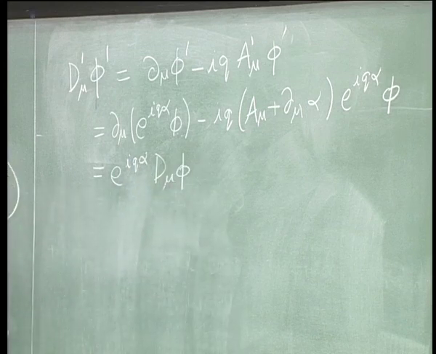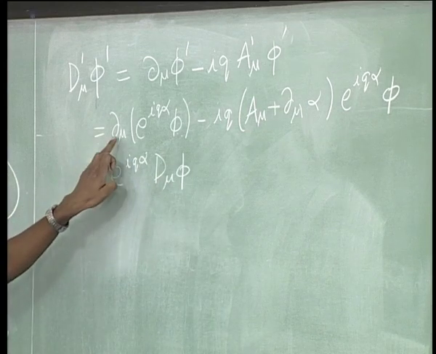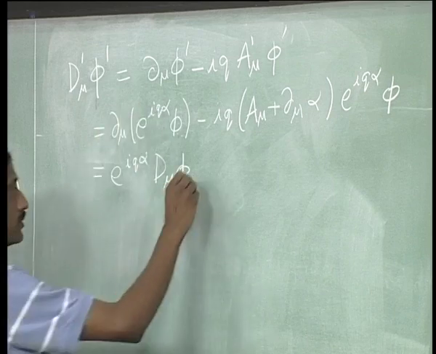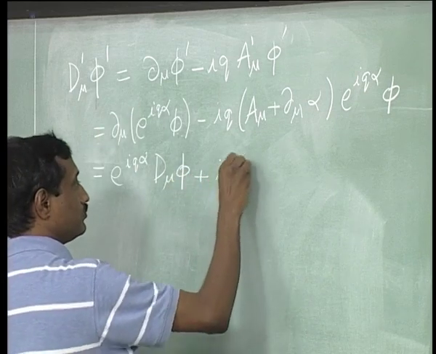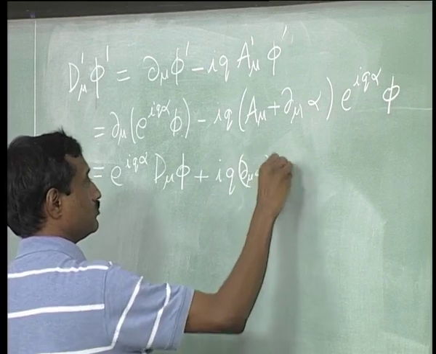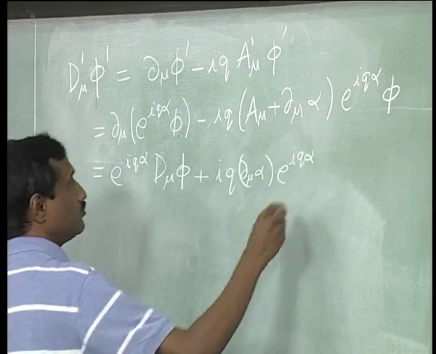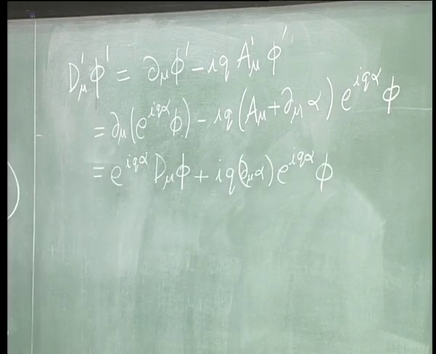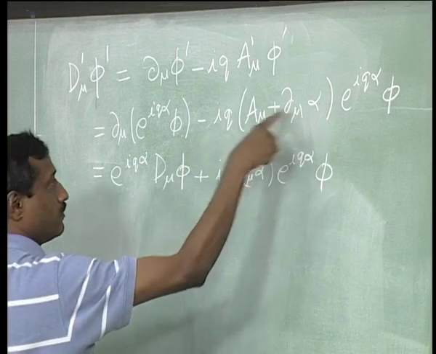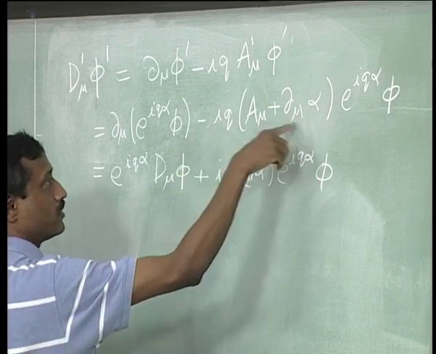Now what remains I have to write out: one part is when the d mu acts on this, and this piece which was left over.